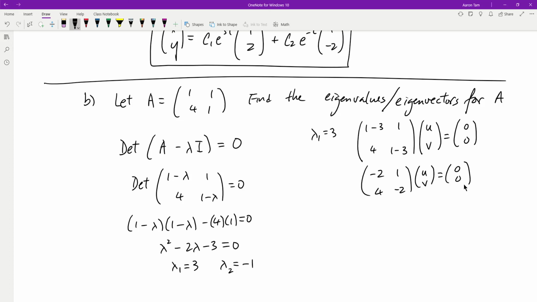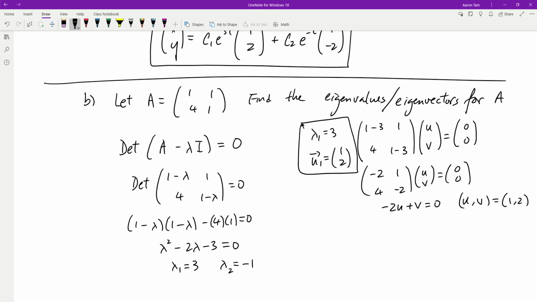In this case it shouldn't be hard to see that the top row is a multiple of the bottom row. So I can just look at the equation negative 2u plus v equal to 0. It seems to me that u v can simply equal 1, 2. That will work. And so we have our vector u1, which is 1, 2.